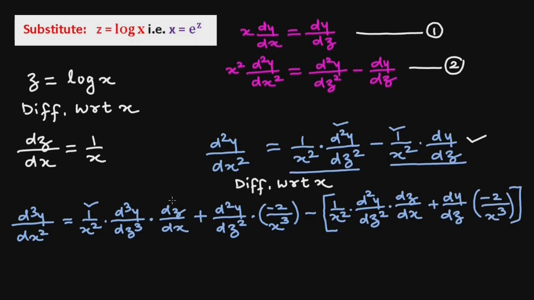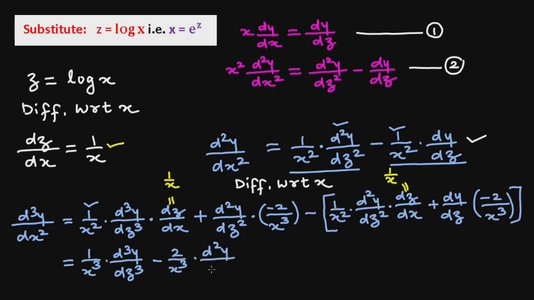Now here for dz by dx we have this 1 upon x, and for this dz by dx we have 1 upon x. So this will be 1 upon x into 1 upon x, 1 upon x cube d cube y upon dz cube, minus 2 upon x cube d2y upon dz square, minus 1 upon x square into 1 upon x, 1 upon x cube d2y upon dz square, plus 2 upon x cube dy by dz.